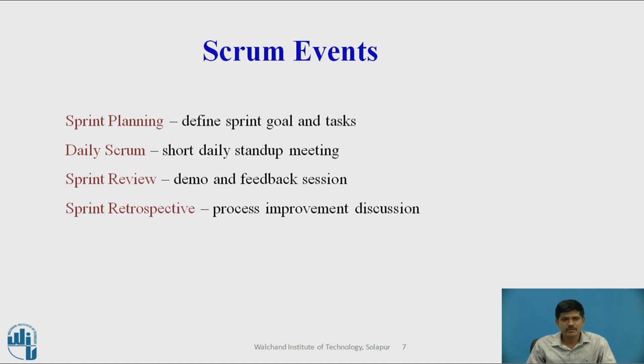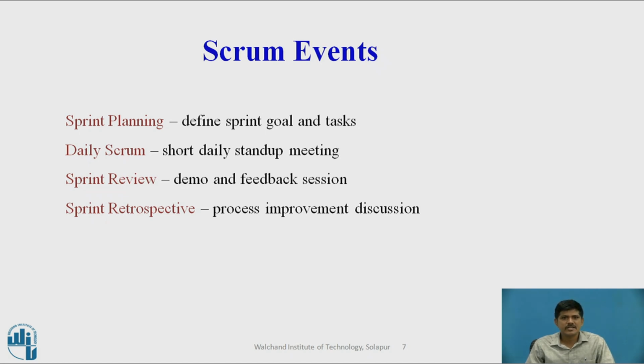Next is the sprint review. Sprint review is a demo and feedback session. Once the sprint is completed and we have implemented a feature and tested it, afterwards there should be a demo to the client, so that the client can understand how it is working, and if they have any suggestions, they are going to give those suggestions to the team, otherwise they will accept it.